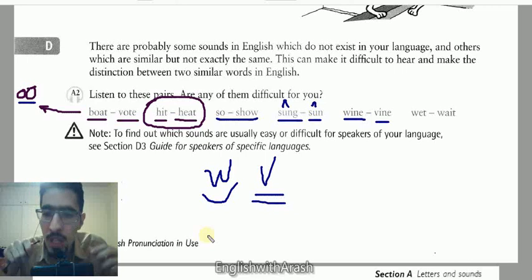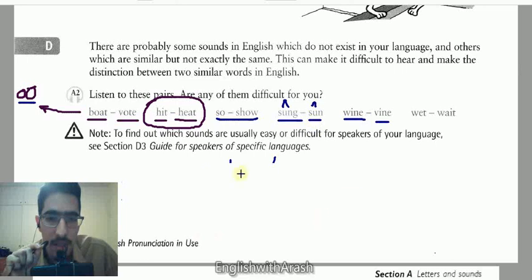So when you're saying W, you feel like you're pronouncing a vowel because there isn't much contact. But when you're saying V, you feel a strong consonant, because there is contact in your mouth. So be careful with that. We will work more on them probably throughout this book.